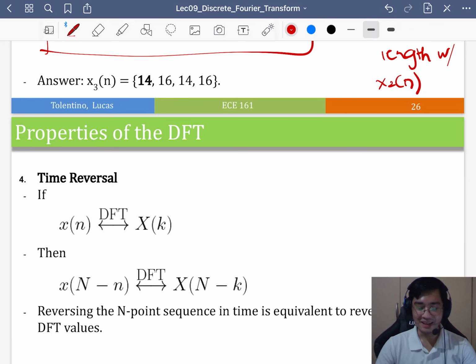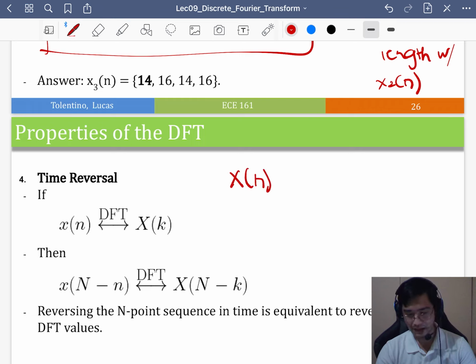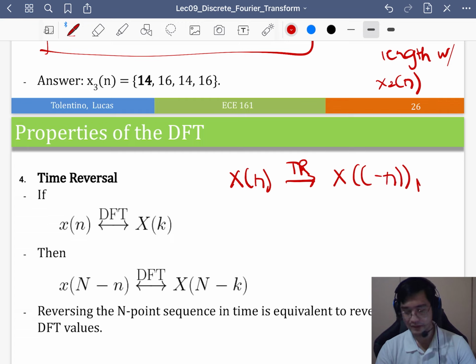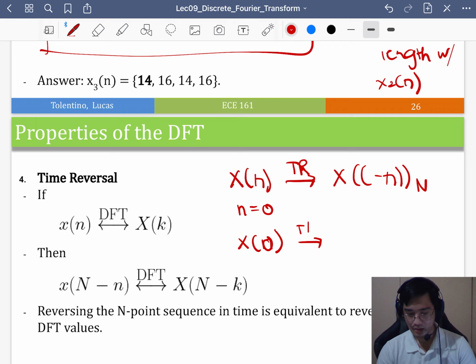So, time reversal, we've done this. Let me explain what operation I did a while ago. For x of n, when you apply time reversal, you do x of minus n modulo N. For example, when n is 0, time reversing gives x of 0.